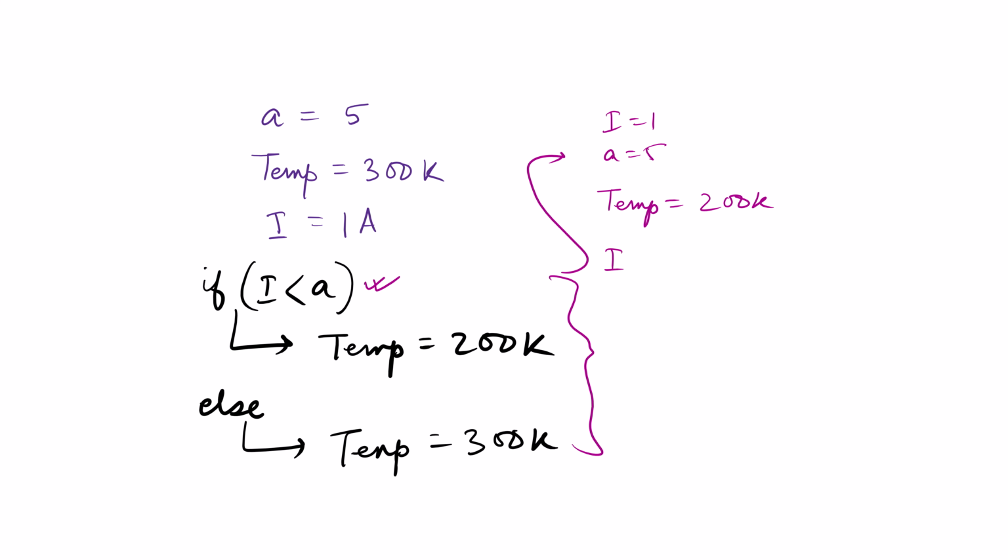Now let's say I increase the current to 6. In that case the if condition is not true, so this will return a boolean expression of false, and then the second part will get executed. In that case the value of temp will be 300, right? So this is how the conditional statement actually works.